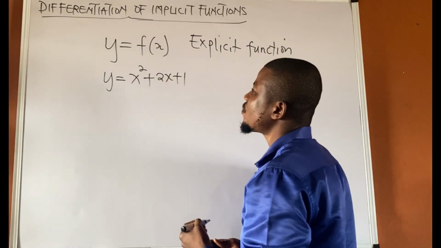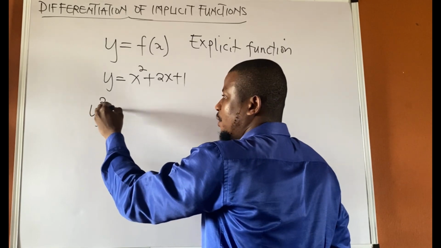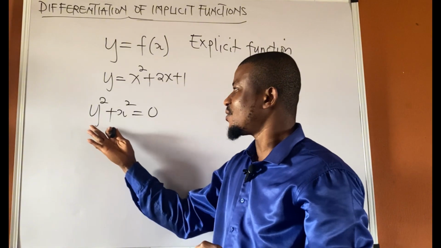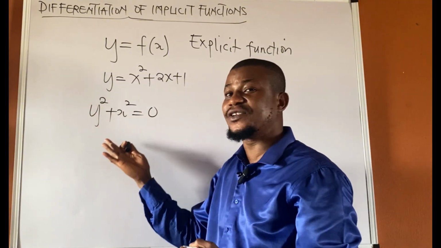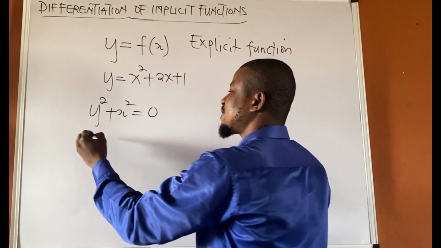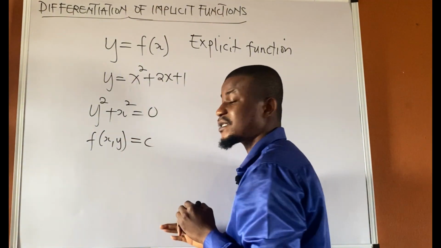Now, but there are some functions we see given y squared plus x squared equal to 0, for example. This is not a direct function of x. This is y squared plus x squared equal to 0, not written as y equal to something for a function of x. Now, this function is said to be written as a function of x comma y equal to some constant.